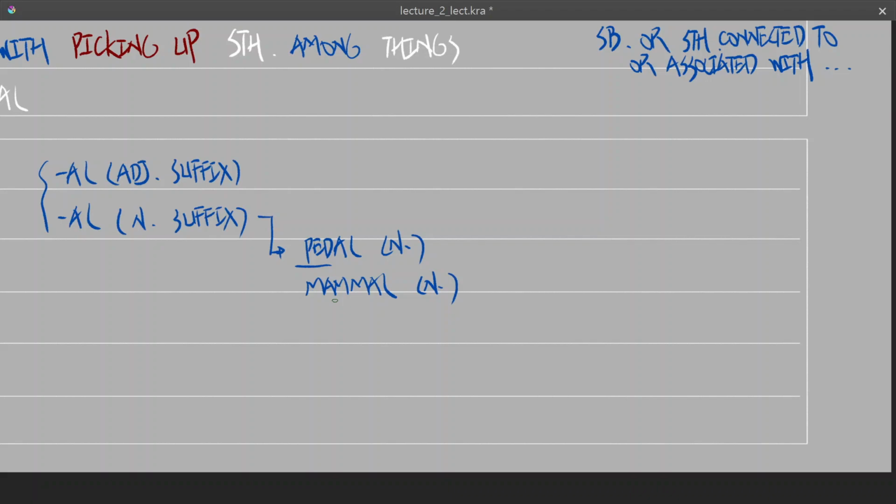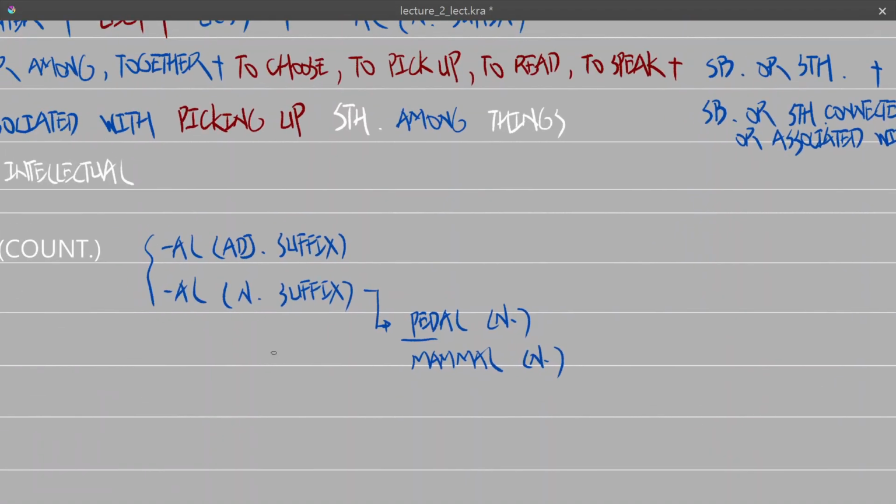Human beings, cats and dogs, we rely on the milk in the breast to feed our offspring or the next generation. All right, now that's the suffix L, including adjective suffix or noun suffix.